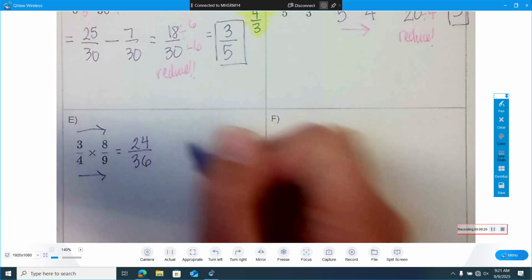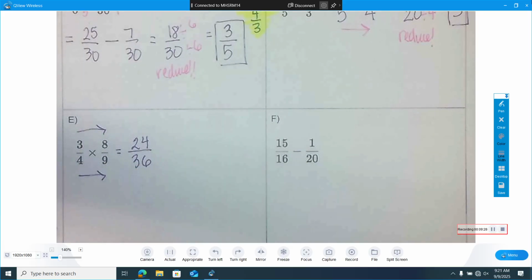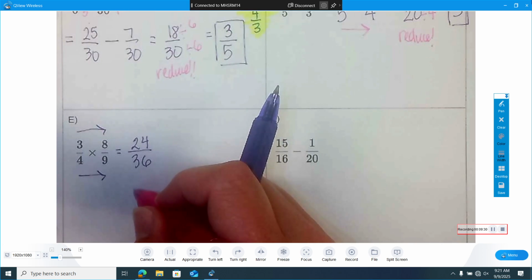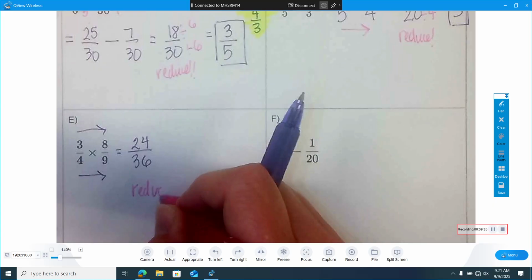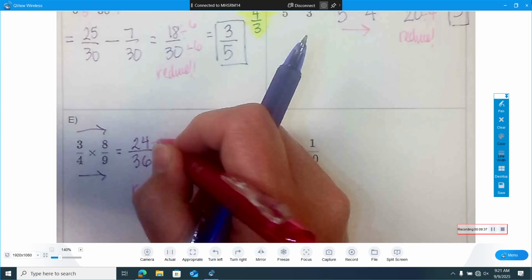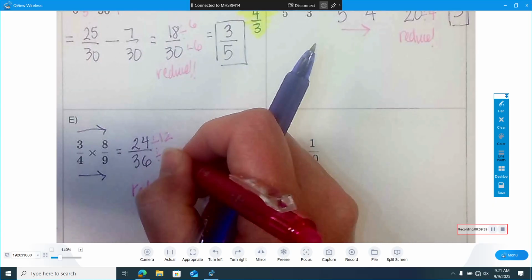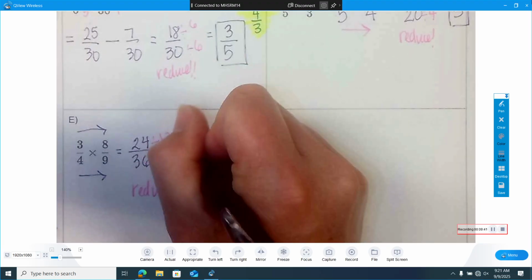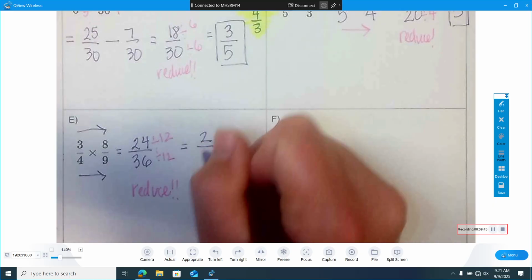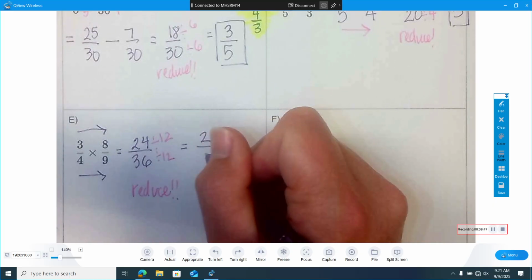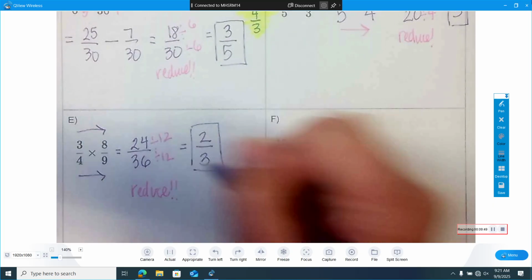Ooh, those numbers sound very familiar. 12, 24, 36. What can we reduce by? 12, yeah. Divide top and bottom by 12. 24 divided by 12 is 2, and 36 divided by 12 is 3. We get 2/3.